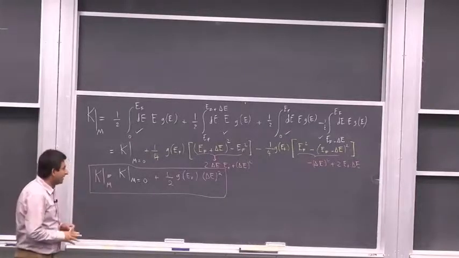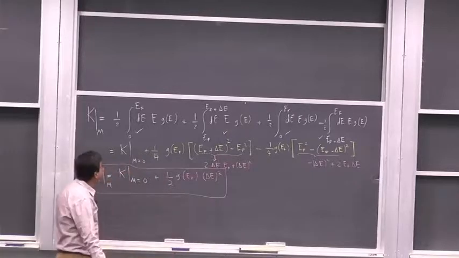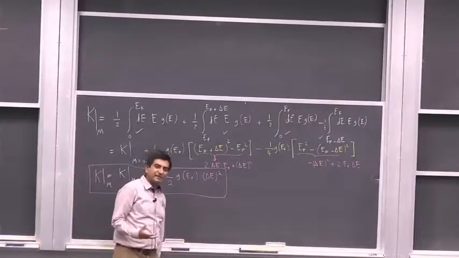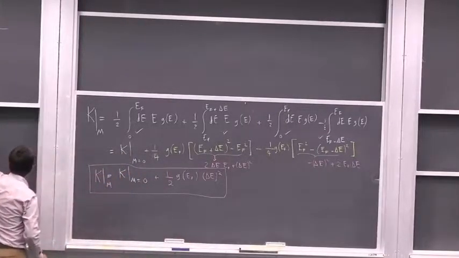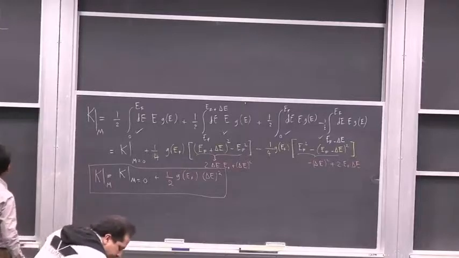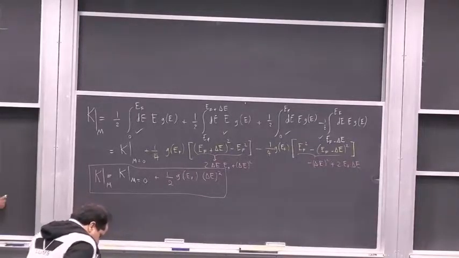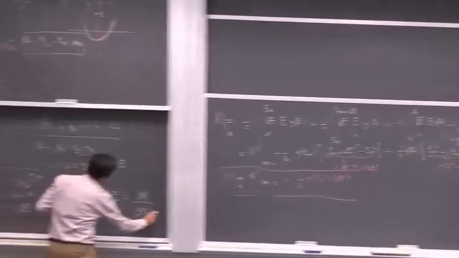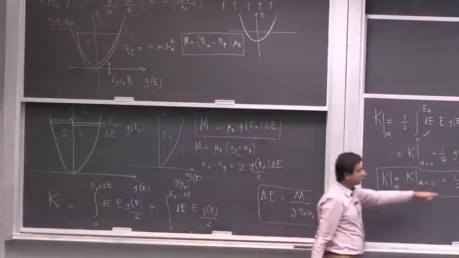Alright? Now this is the kinetic energy, and I know that this term represents that the sample is magnetized. Now I know that the magnetization of the sample is given through this formula: delta E equals the magnetization over G at the Fermi level, mu B. So this delta E squared can go in here.